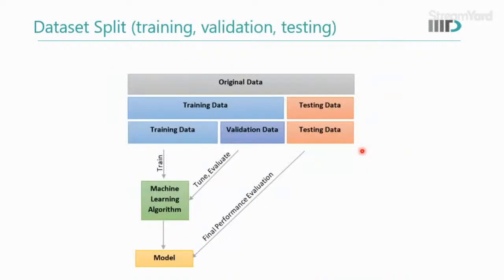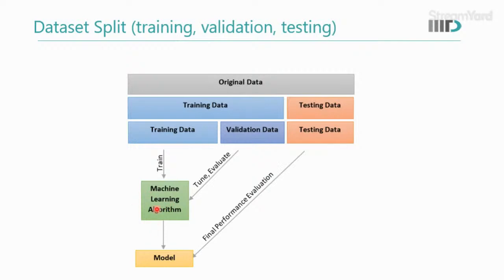I'm showing you this slide from the last two lectures, but this is very important. In any supervised or unsupervised algorithm, we do the data set splitting. Let's say this is the whole data set we have. We split it into training and testing data sets, and the training data set is further split into training and validation sets. In the training data set, we actually train our machine learning algorithm, the unsupervised learning algorithm as well.